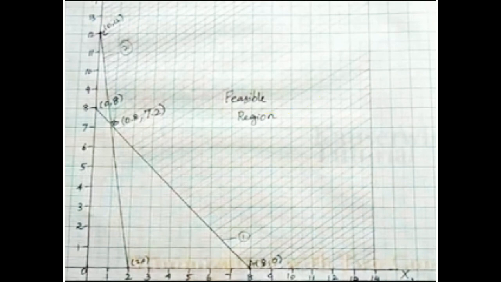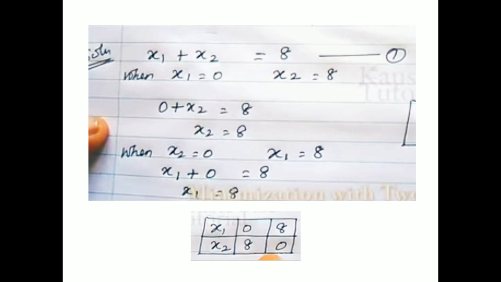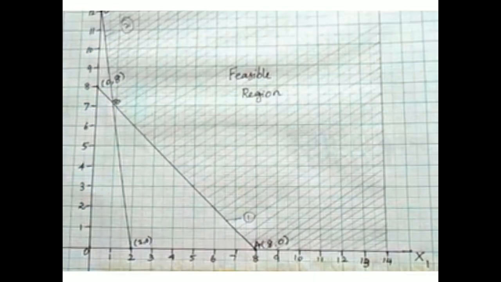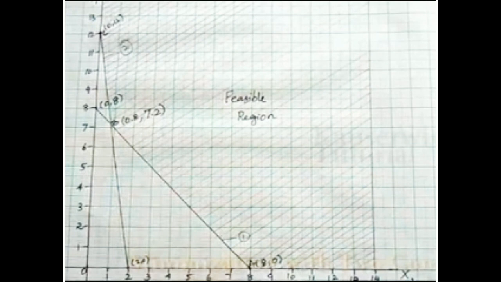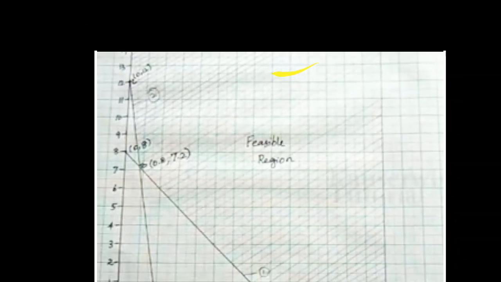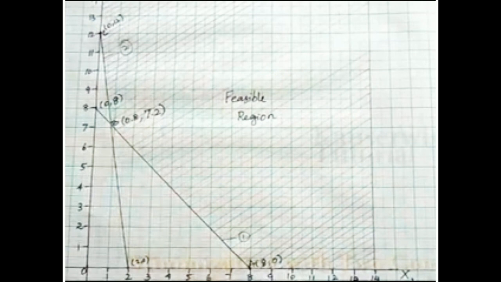The line equations are x1 plus x2 is equal to 8 and 6x1 plus x2 is equal to 12. After solving these two equations simultaneously, I get x1 and x2 as 0.8 and 7.2. The last corner point is C, which is 0, 12. So these three are the corner points of the feasible region.